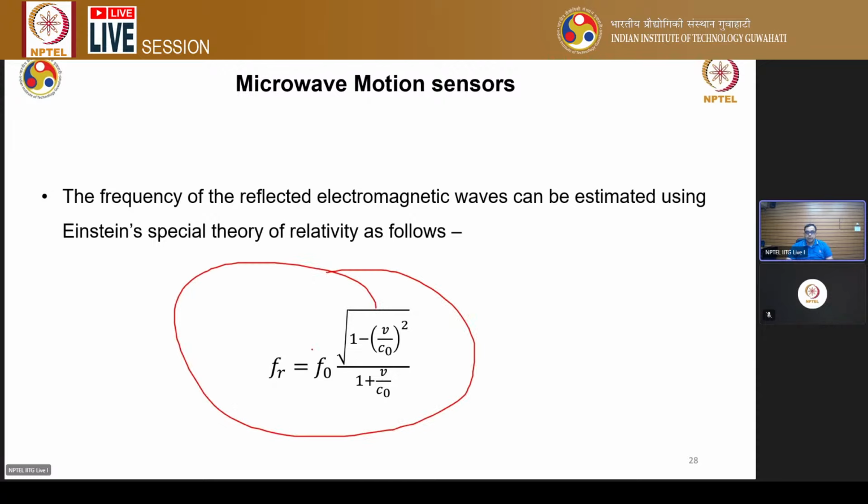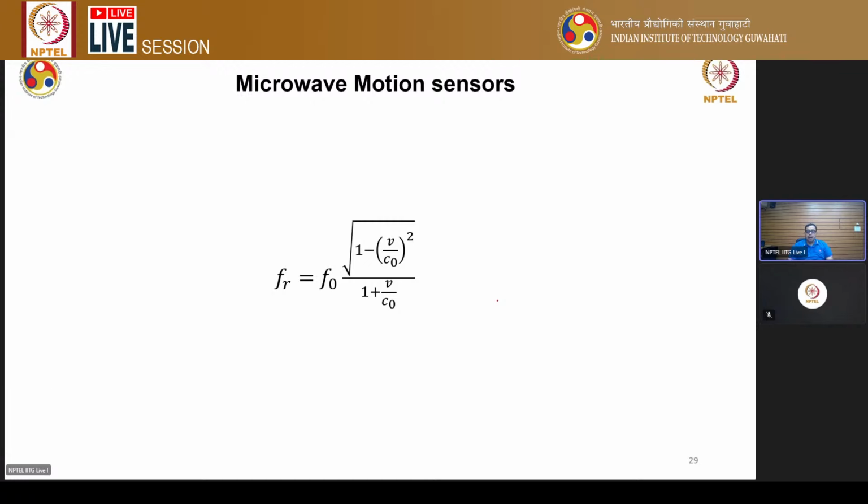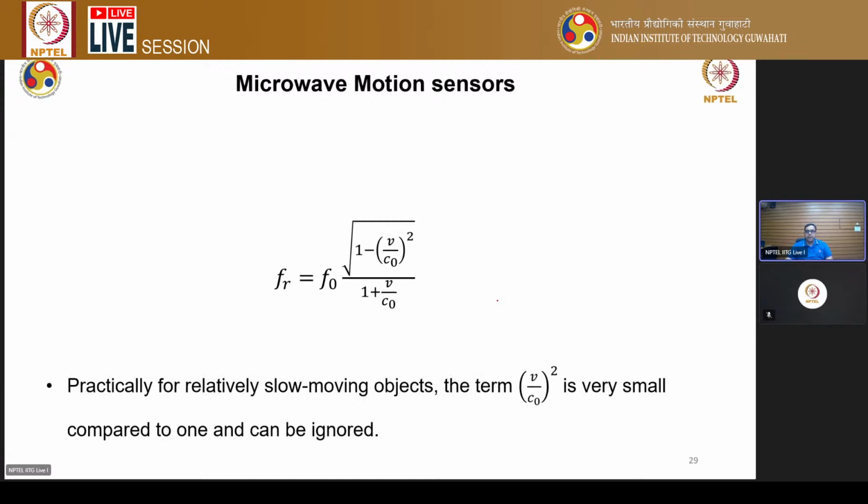Right, Fr is equal to f0 into root of (1 minus v by c0) by (1 plus v by c0), where v is the actual speed of the object under observation. Now, whatever the speed v of the object, it will always be much lesser as compared to c0.